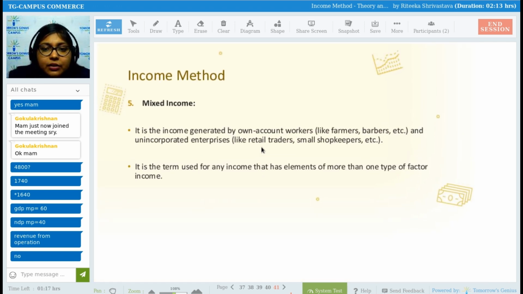It is the income generated by own account workers like farmers, barbers, etc. and unincorporated enterprises like retail traders, small shopkeepers, etc. It is the term used for any income that has elements of more than one type of factor income.